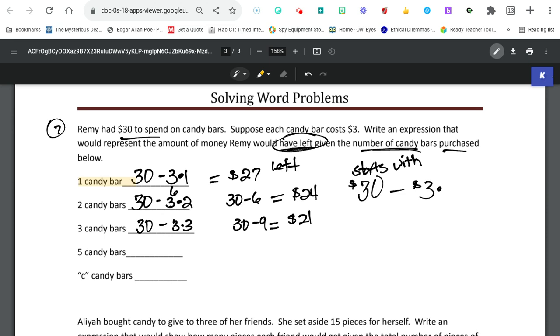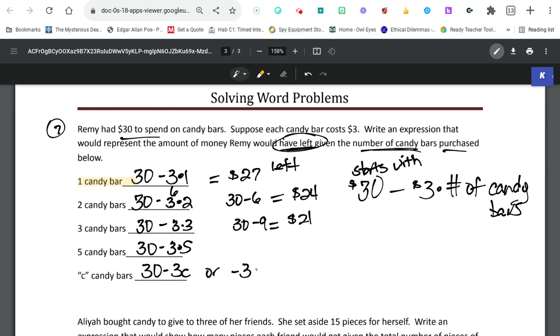So it's $3 times the number of candy bars. So here will be 30 minus 3 times 5. And here will be 30 minus 3c. You can also write this as negative 3c plus 30. Totally up to you.